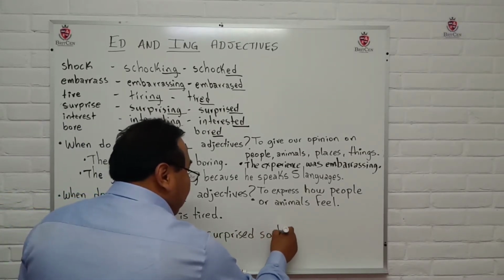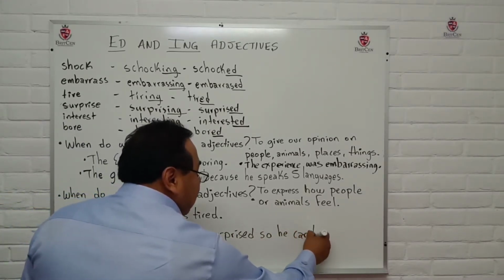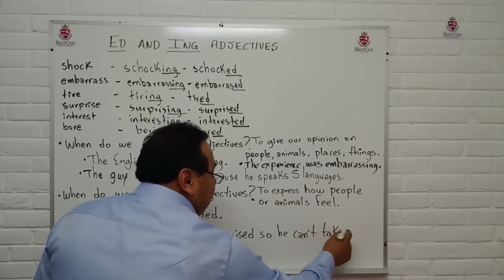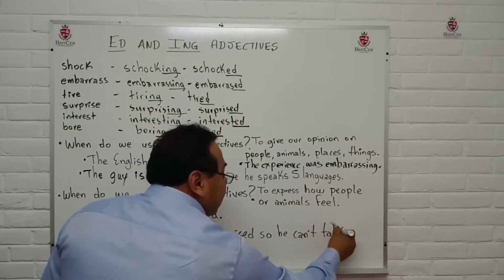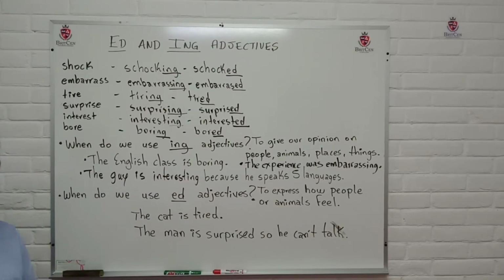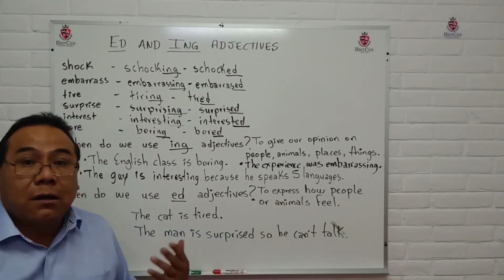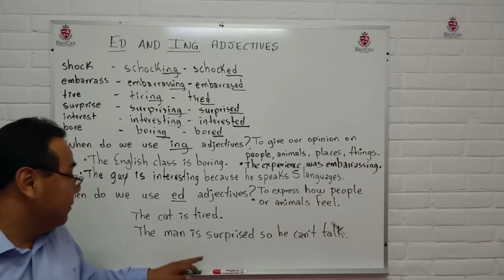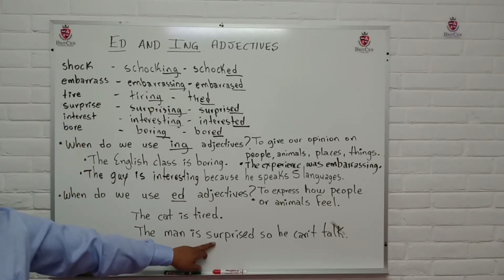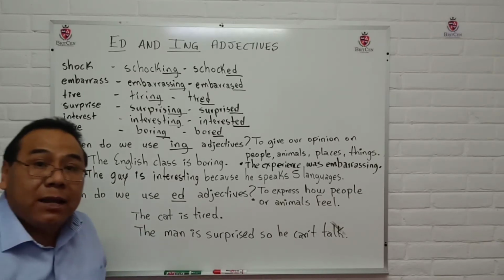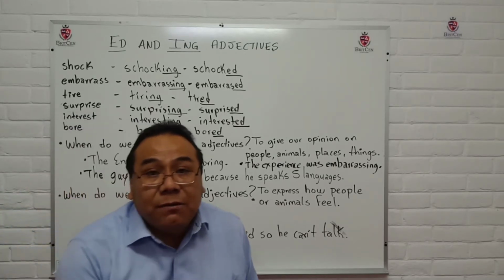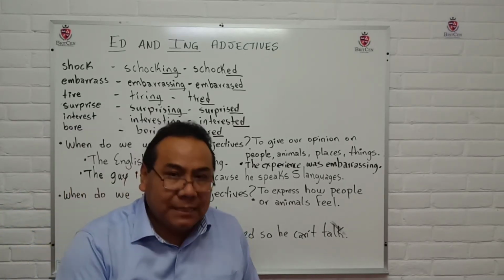So he can't talk. The man is surprised, so he can't talk. How does the man feel? Surprised. Okay? It's very common for students to make this kind of mistakes.